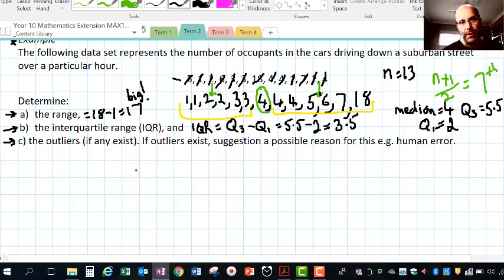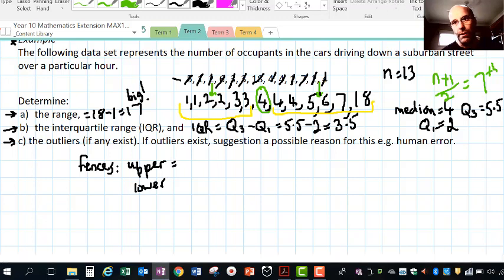What we have is these things called fences. Now the fences are basically just like a fence on a paddock or a block. They tell you where the boundary is. And fences, there's an upper and a lower fence. So upper and lower. And what we do is the following.